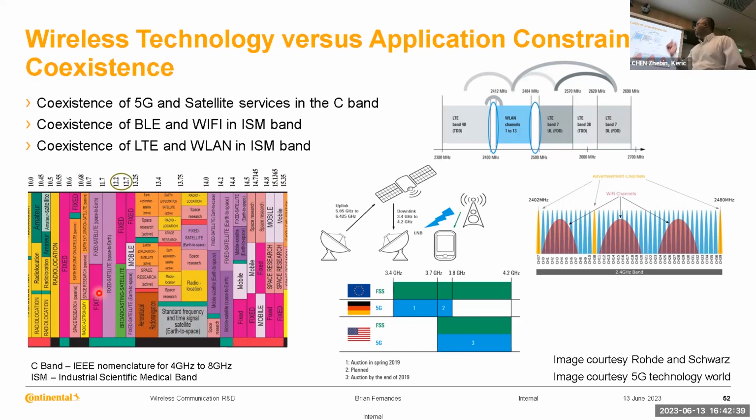So for example, here you see that LTE band 40 is very close to WLAN channels 1 to 13. Somebody communicating on LTE band 40 would be using a signal that could possibly cause very close interference to WLAN channels 1 to 13 if they are being used.